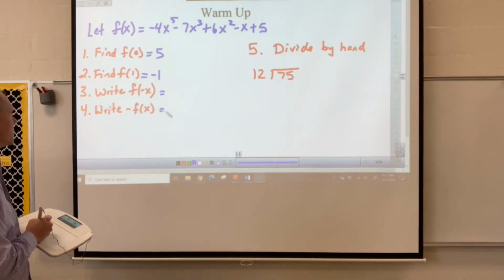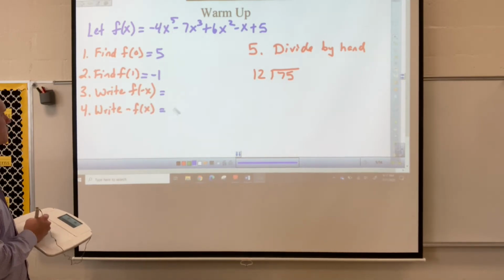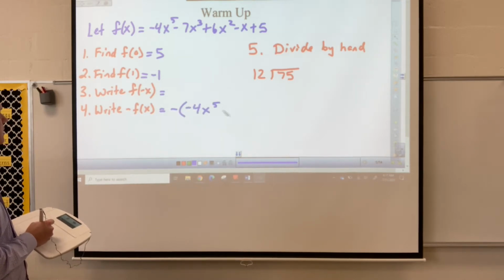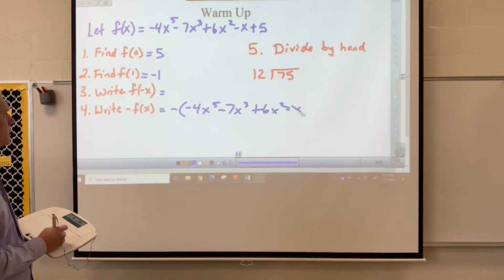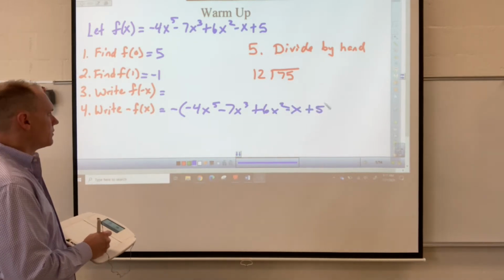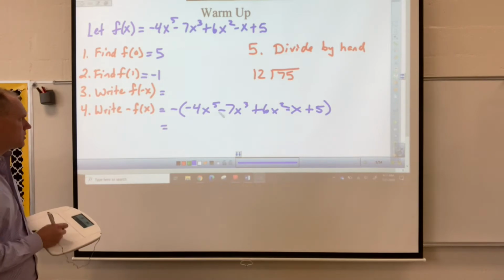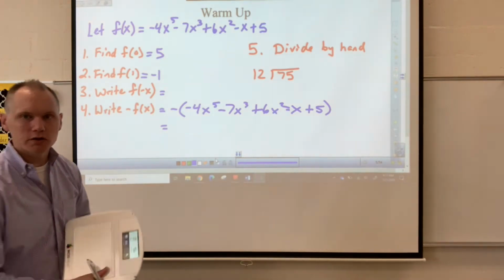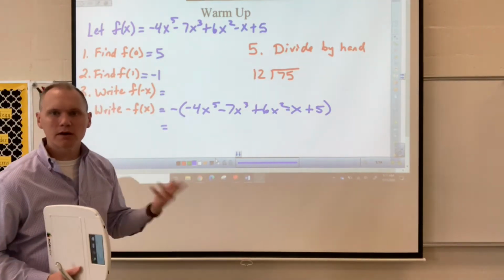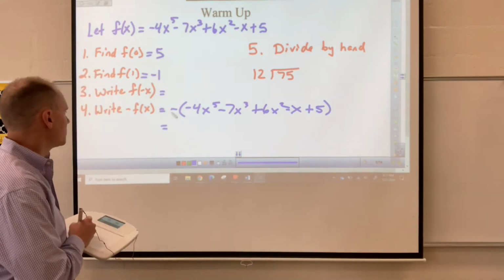Negative f of x would be the complete negation of all of this. So it would be negative, and then we could just write the whole function in here if we wanted to. That would be one version of negative f of x. And then of course we could distribute this negative as well. So this would be one correct version, but another equivalent version would be distributing that negative.